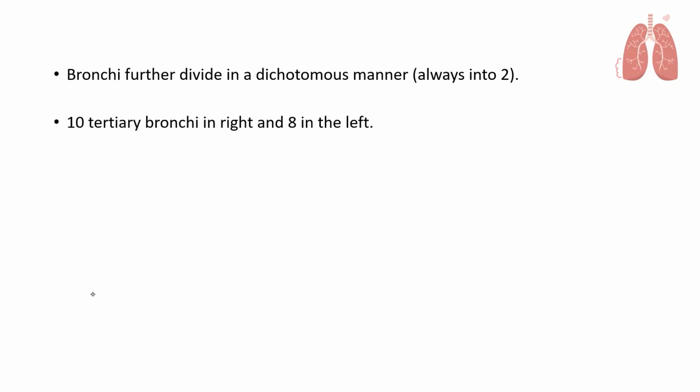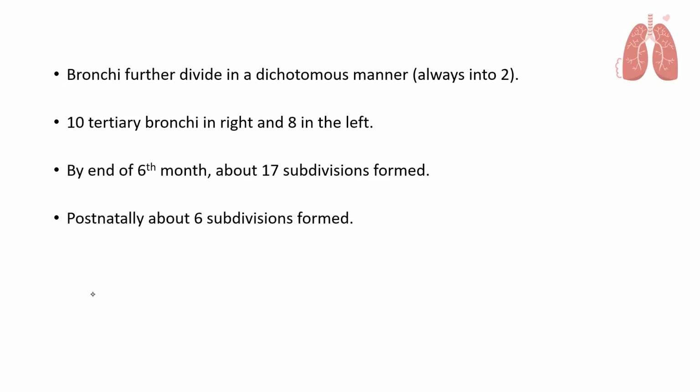So this will result in 10 tertiary bronchi in the right and 8 in the left. And by the 6th month of intrauterine life, about 17 subdivisions will be formed. And after birth, that is postnatally, another 6 subdivisions will be formed. The terminal parts of the lung buds, the diverticulum, will form alveoli.